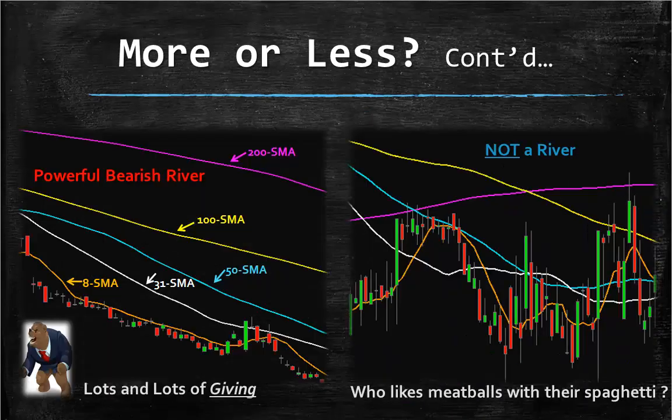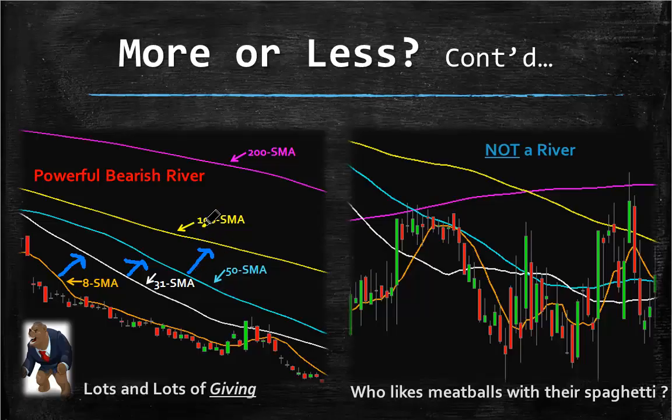Let's look at another example of this. Not to insult your intelligence, but I want to make sure I'm crystal clear. 8 is smaller than 31, right? However, in this case, it is below the moving average. You can see now it's in front of this. 31 is a smaller number than 50, and in this case, it is in front of the bigger number. 50 is smaller than 100, yet it is below this one.